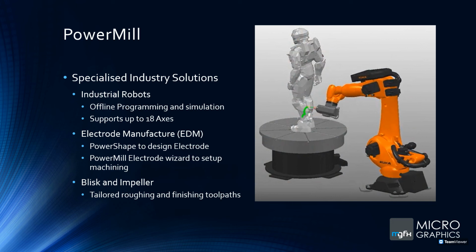This offline programming supports up to 18 axes for larger build volumes. If we look at this robot as it's set up here, let's assume that that is a 6-axis robot with the turntable that the foam block is standing on being the 7th axis. So you could have, let's say, 2 to 3 robots in one single cell performing all the machining functions. And the support for 18 axes gives you the ability for large build volumes.